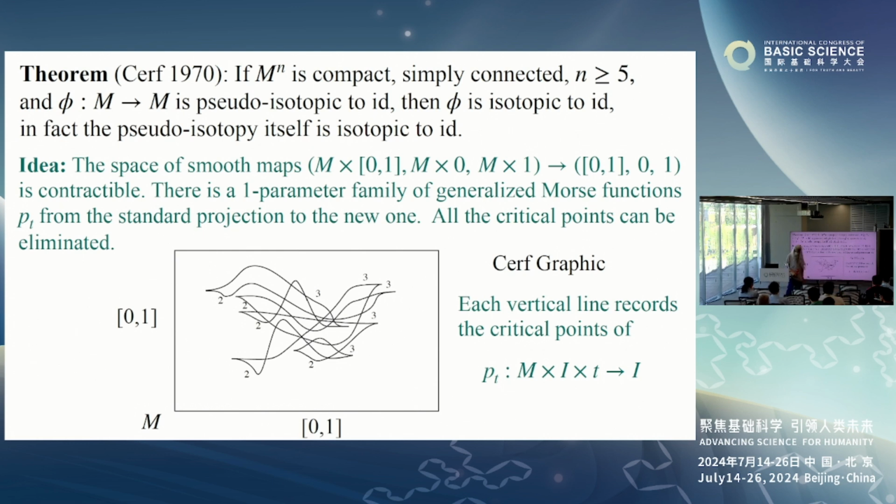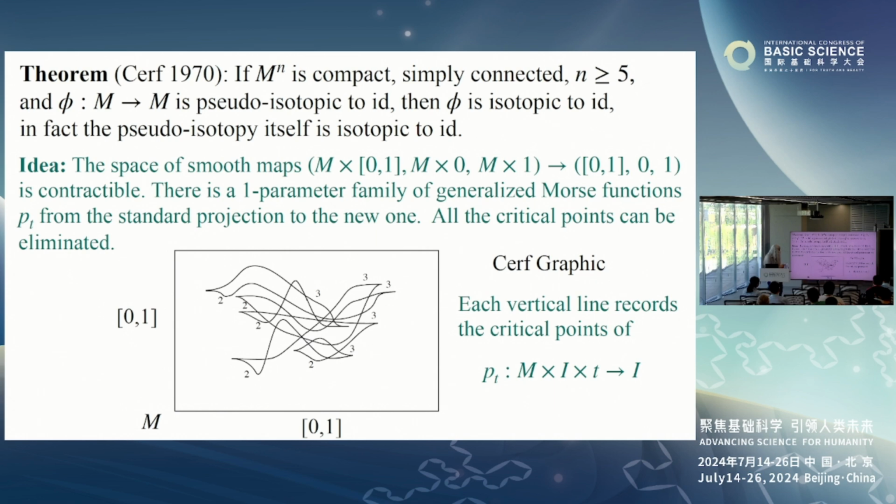So in particular, if you just pick a time t and look at this vertical, then typically you see a Morse function, and those numbers indicate the type of critical points. This simple graph that records the critical point behavior is called the Cerf graphic. So just to summarize, you have a one-parameter family of generalized Morse functions.